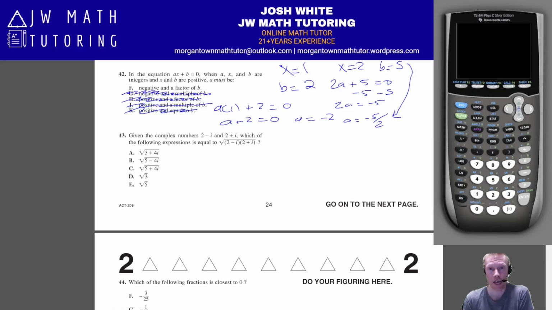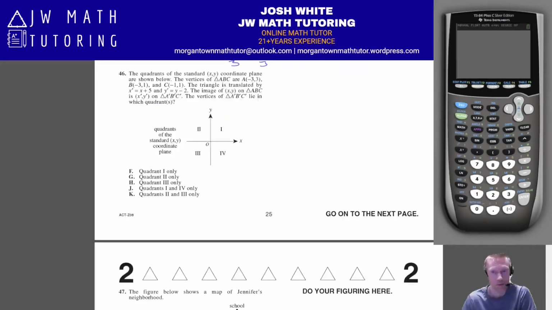Instead, it's going to end up being a factor of b because technically you can take negative 5 halves and divide it into 5. And then it's just going to come out to be basically negative 2. So therefore, it would be a factor of it, and the correct answer is just going to be letter F.